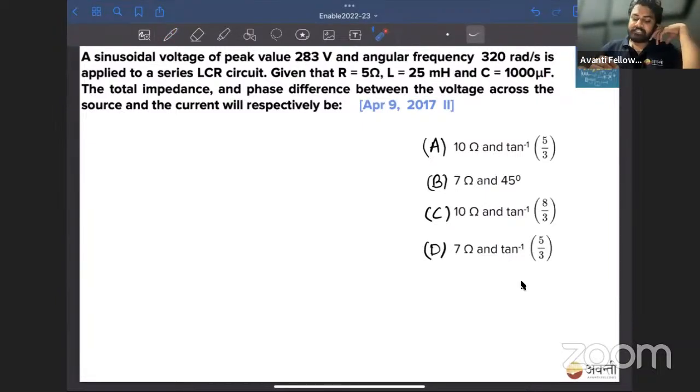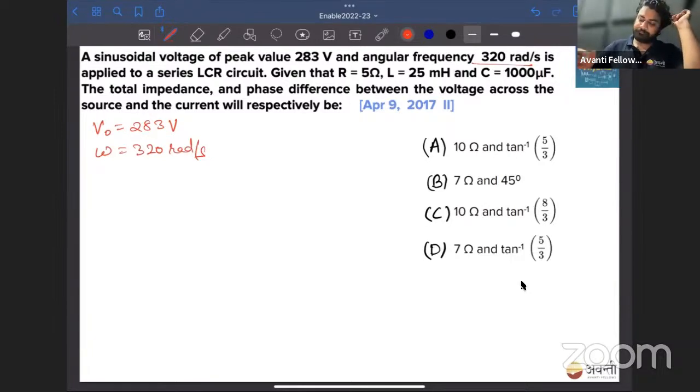It is telling there is a sinusoidal voltage of peak value 283 volts, meaning V0 is given as 283 volts. Then angular frequency omega is given as 320 radian per second, applied to an LCR circuit. Given that R is equal to 5 ohm.